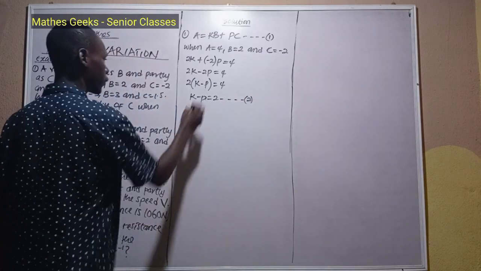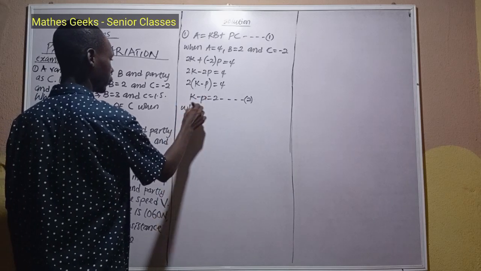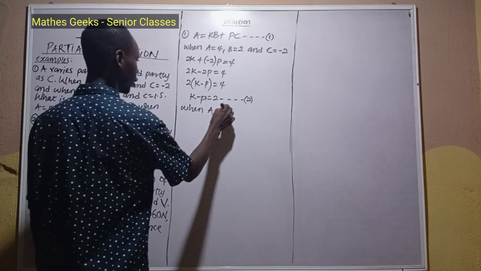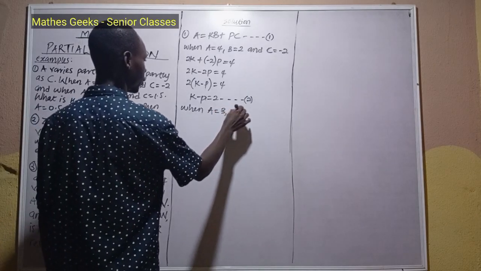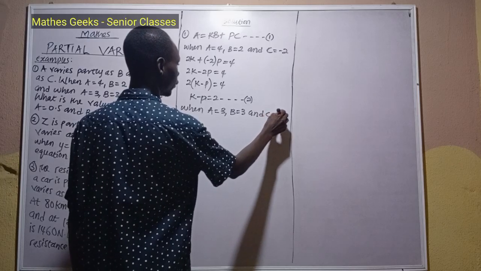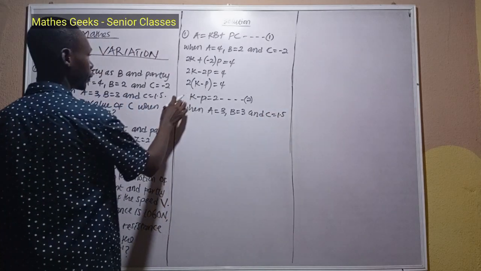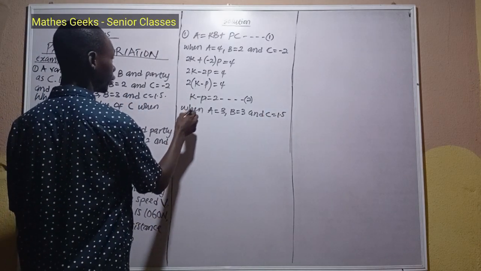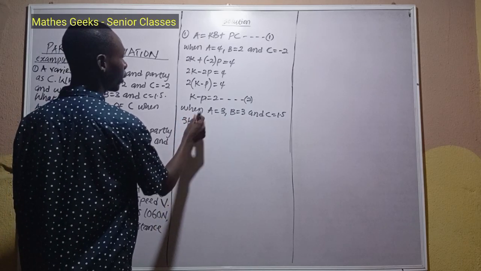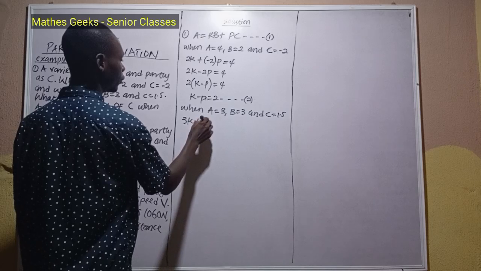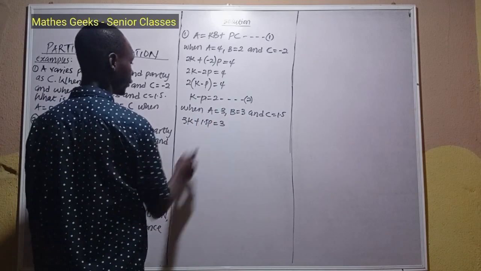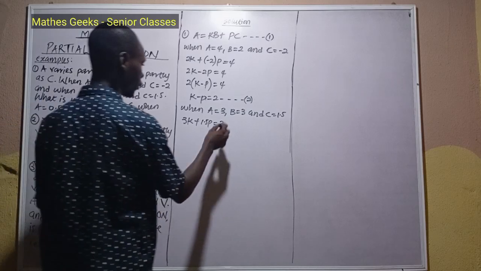Now when a is 3, b is 3, and c is 1.5, the formula will be 3k plus 1.5p equal to 3.